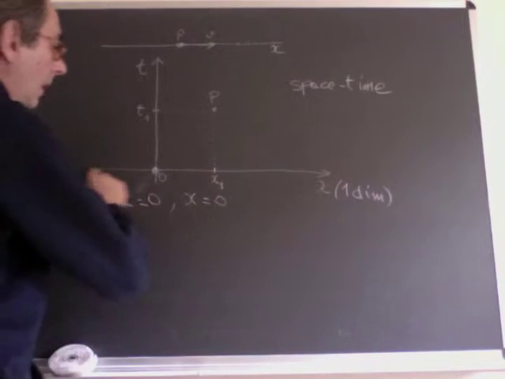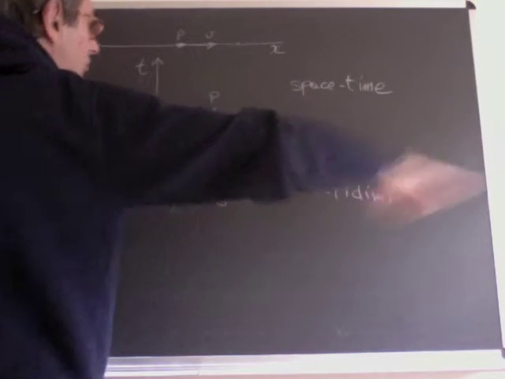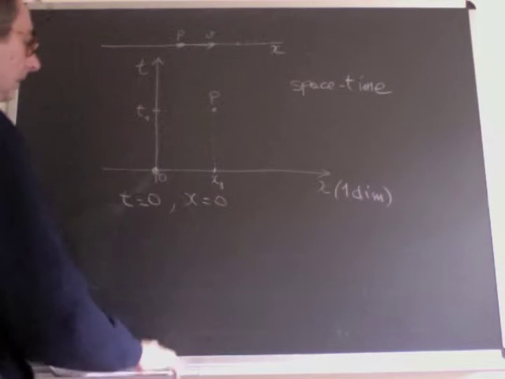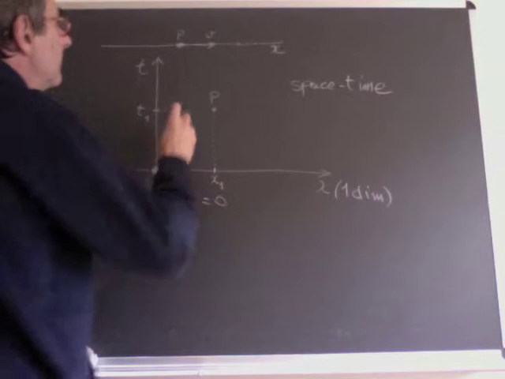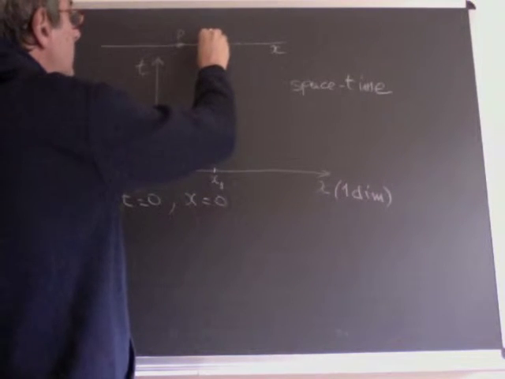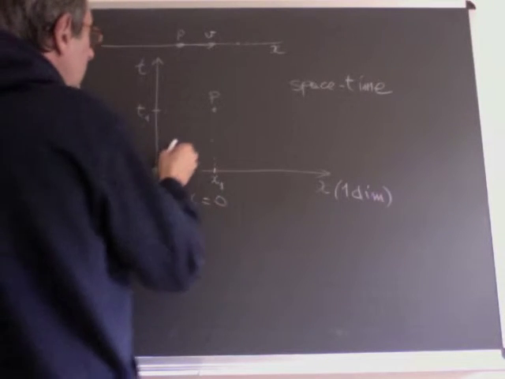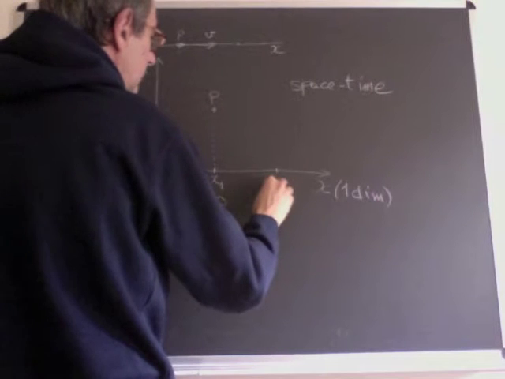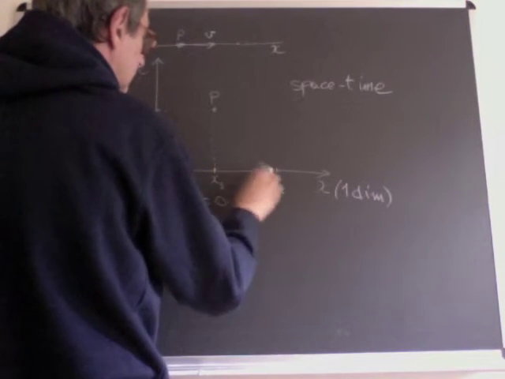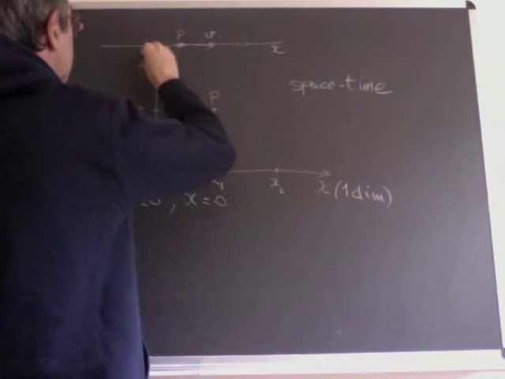But for a moment let's stay in the simple situation where we have just one spatial direction, plus time. So you can see that if the point is moving with a constant speed, it will run for equal intervals of space in equal intervals of time.